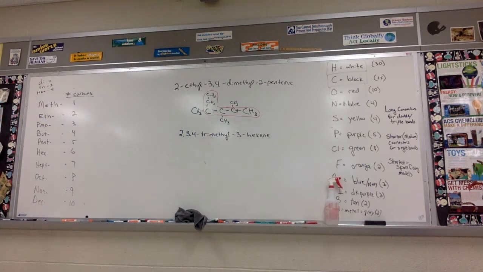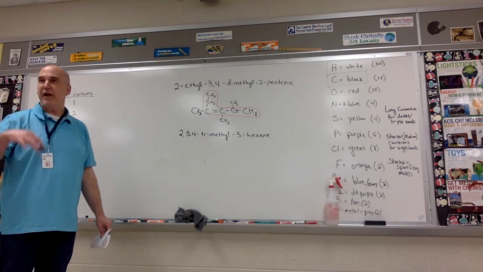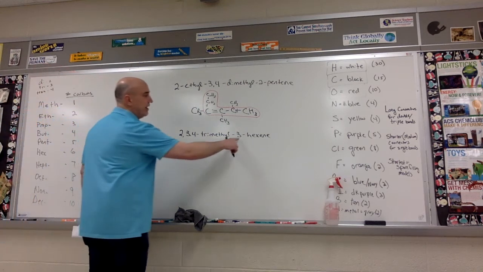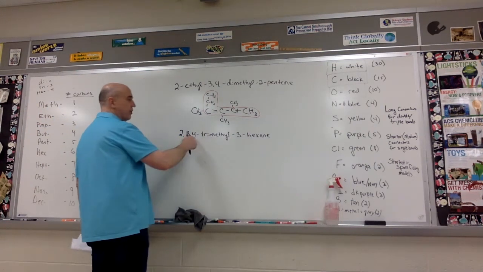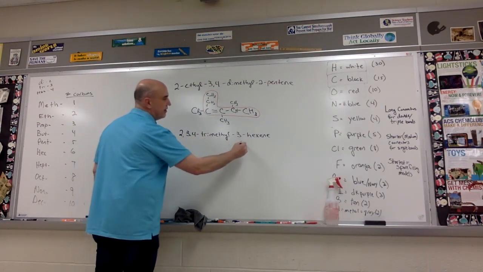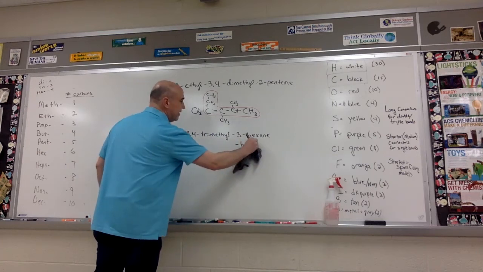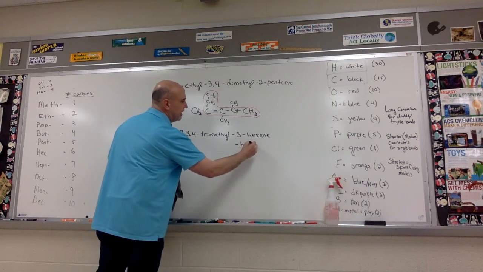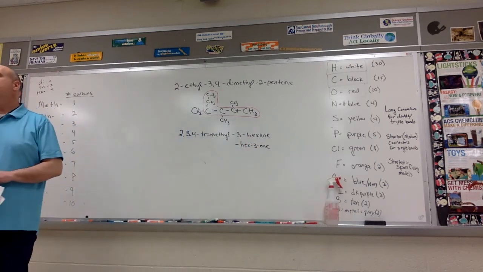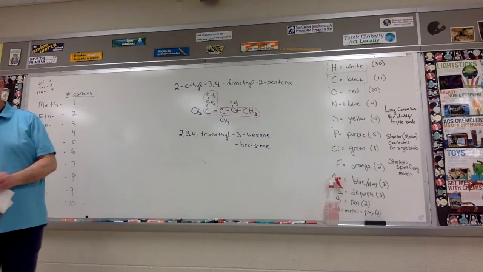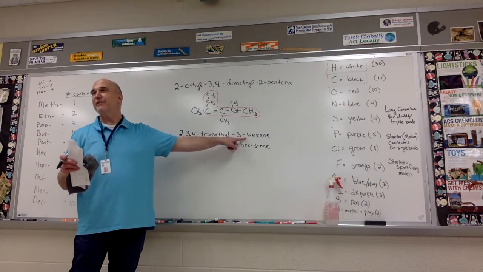And did I point out to you guys too that there is a newer way of naming these? That instead of putting the 3 in front of here, it would just be 2,3,4-trimethylhex, and then you put the 3 in front of the ene. They're both acceptable ways. This was the way I learned, and I think it's still commonly around.